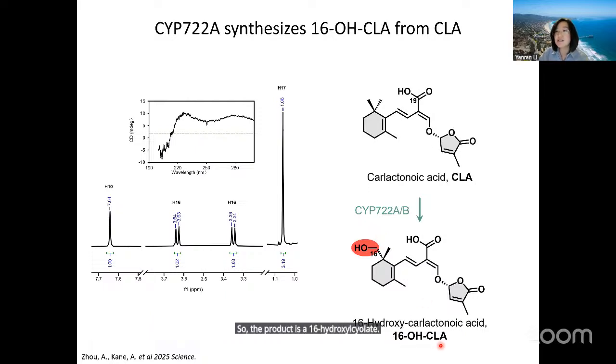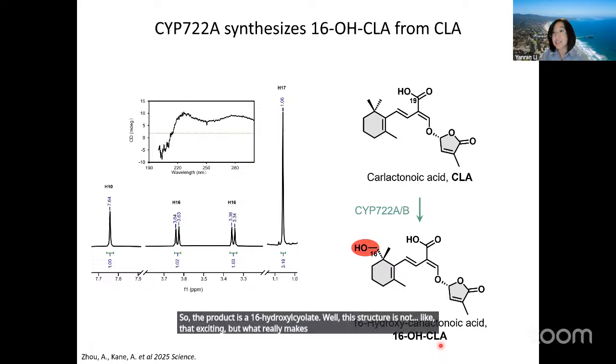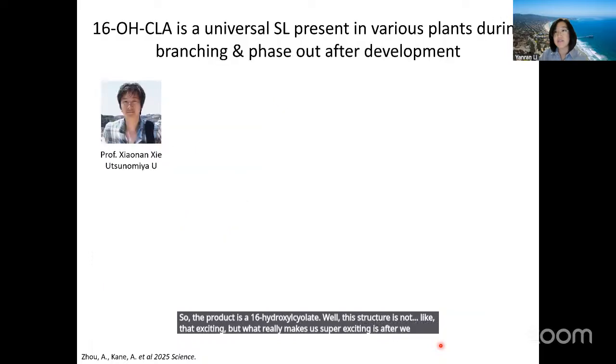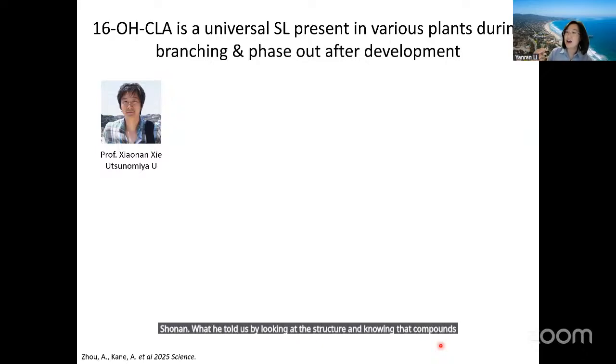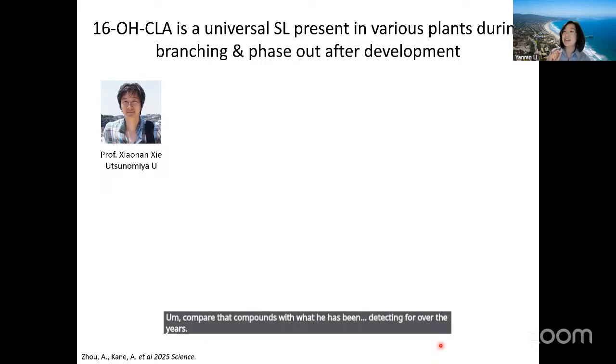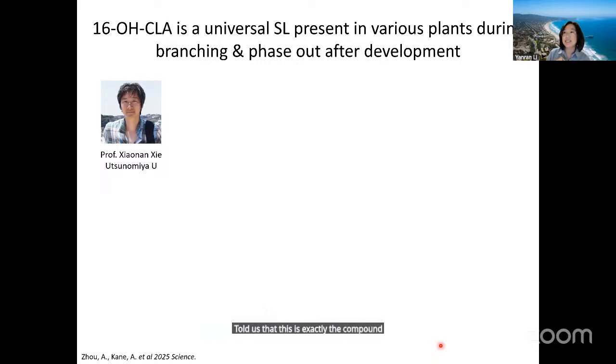This structure is not that exciting by itself, but what made us super excited was a conversation with our collaborator, Xiaonan. By looking at the structure and comparing it with what he has been detecting over the years, he told us this is exactly the compound he has been detecting for years in various plants.